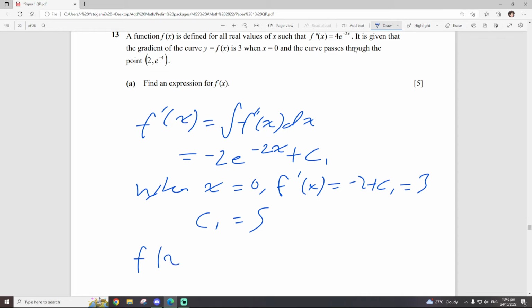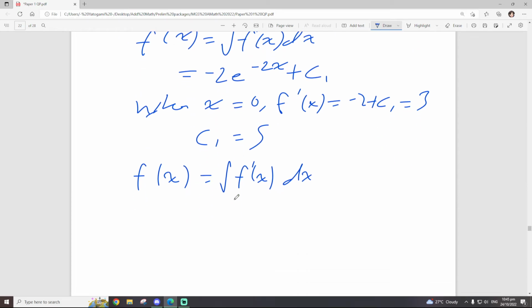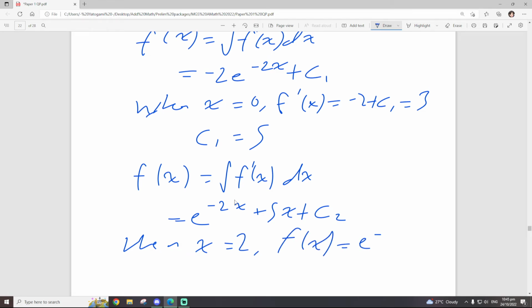So therefore, we can now find f of x by integrating f prime x dx. So we get e to the power of negative 2x plus 5x plus c2. Then when x equals to 2, f of x is e to the power of negative 4. So in other words, actually, how about I write it this way?